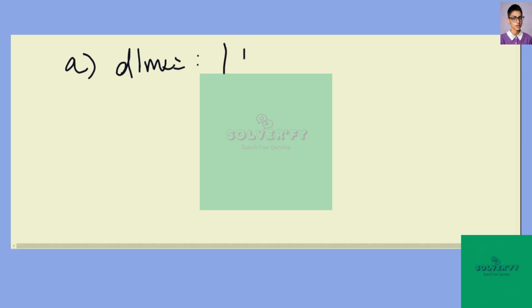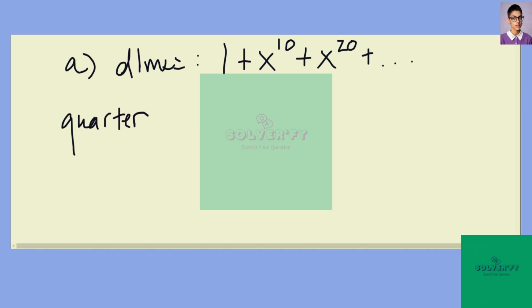So this is 1 plus x to the 10th plus x to the 20th, and so on. For quarters, the generating function contains all powers of x which are divisible by 25, so 1 plus x to the 25th plus x to the 50th, and so on.